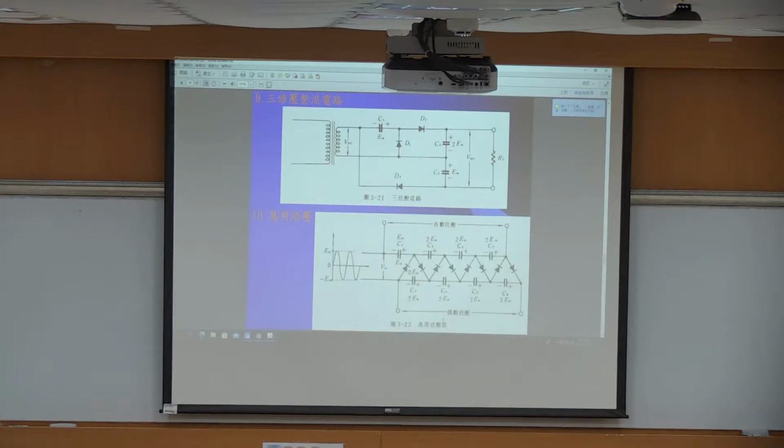The 3 times voltage doubler is a little different from the 2 times voltage doubler we introduced. And the bottom one is the multiple voltage doubler, because we have to connect the probe to different positions so we can achieve the multiple voltage.